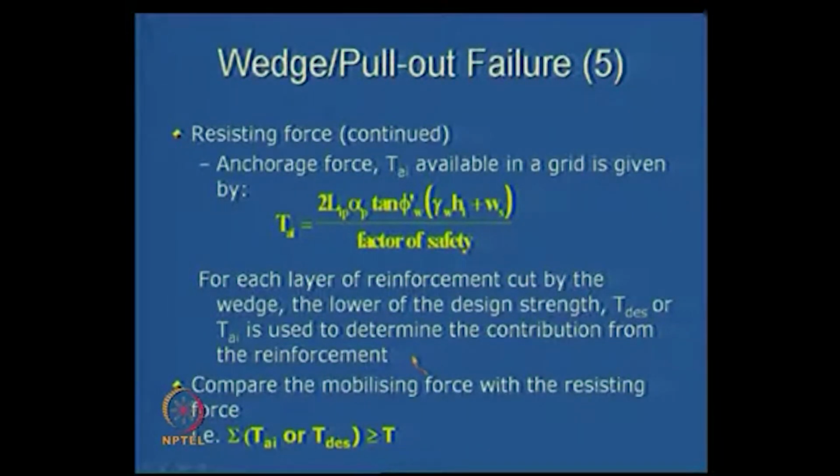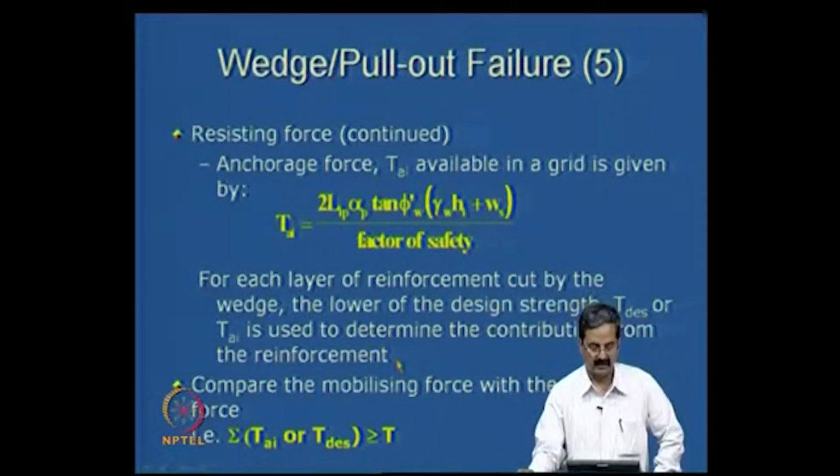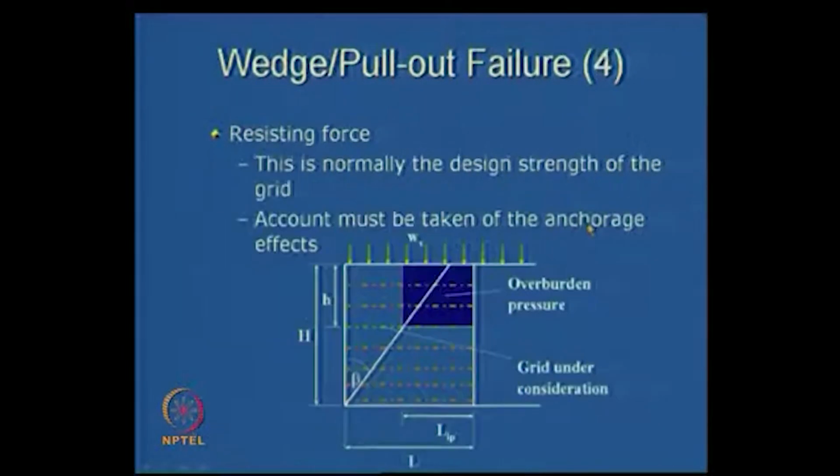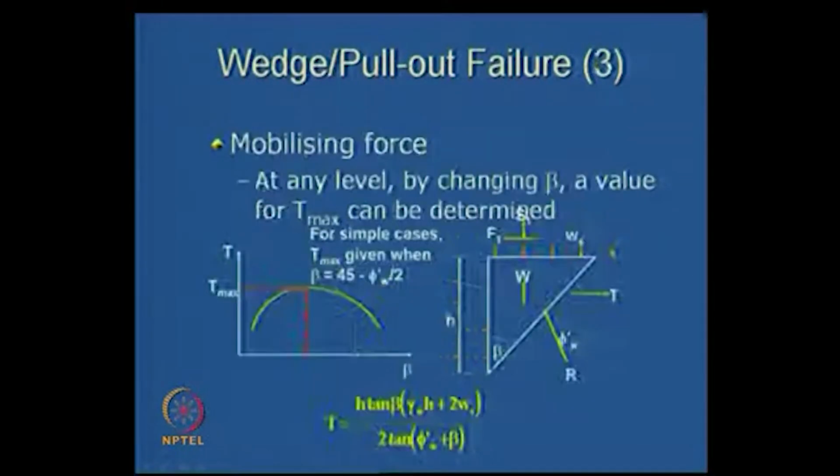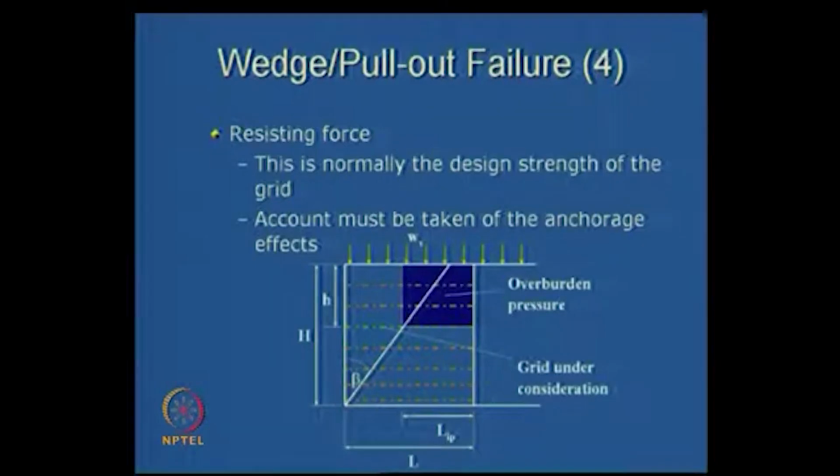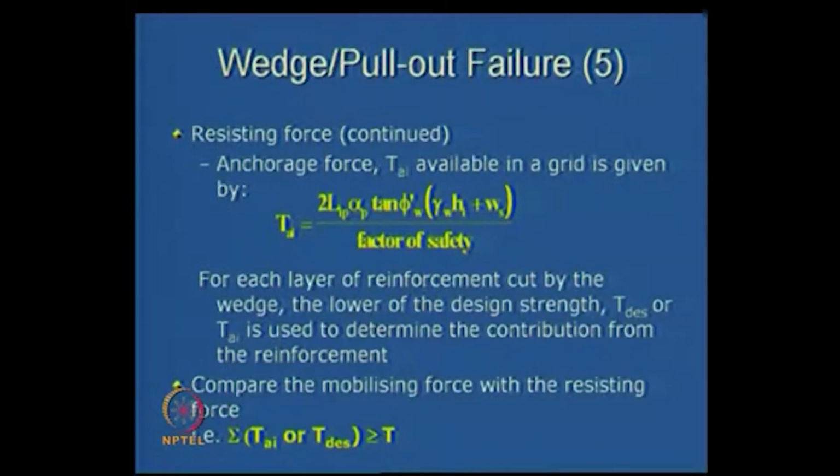So, what we do is we calculate whichever is lower, and then we compare the mobilizing force to the resisting force. What I said in the previous section was in terms of the wedge failure stability, and this is in terms of the anchorage, and the previous case was in terms of the tension.